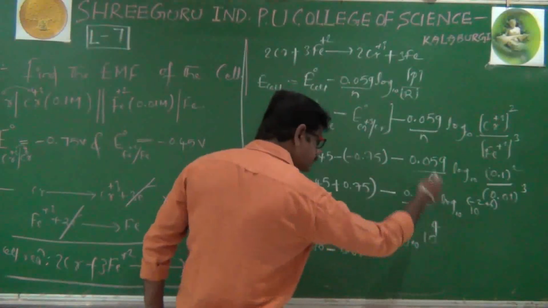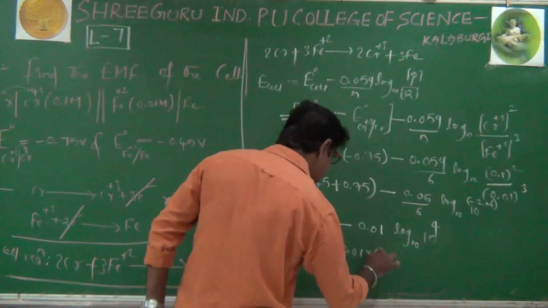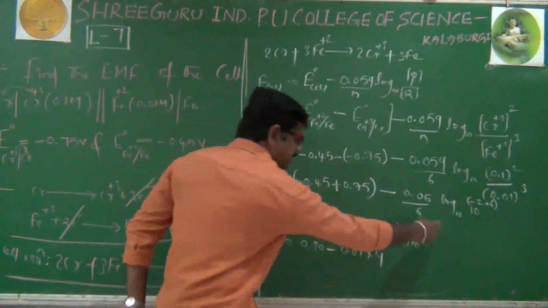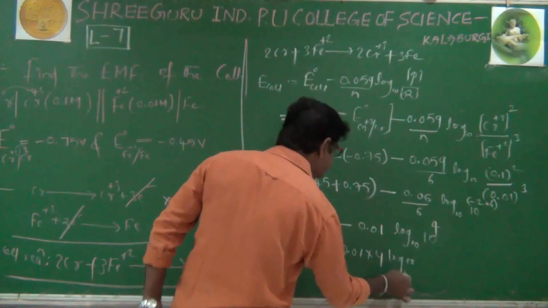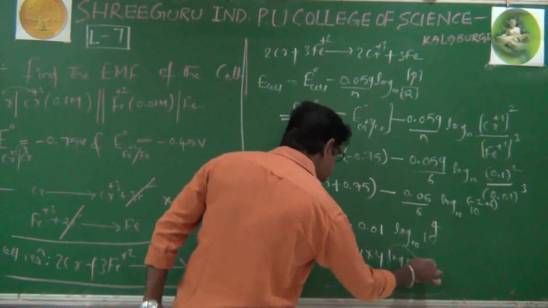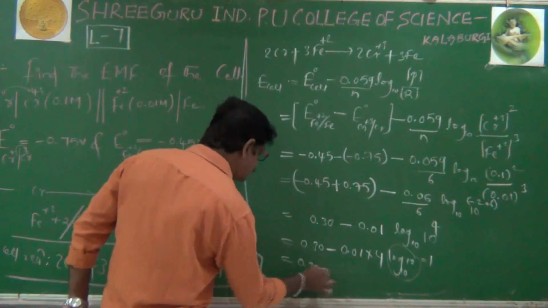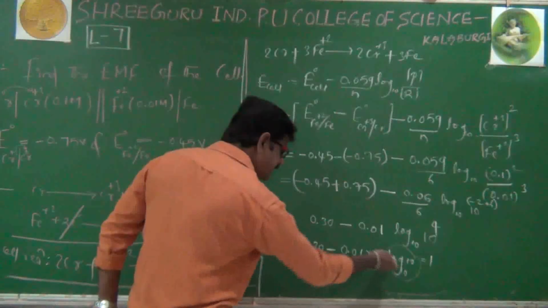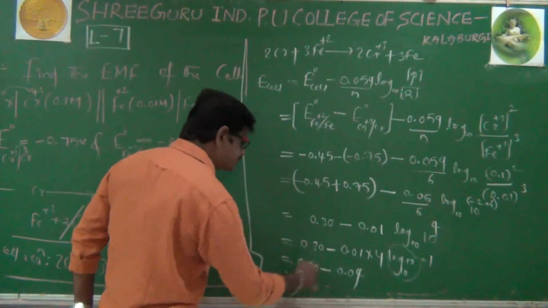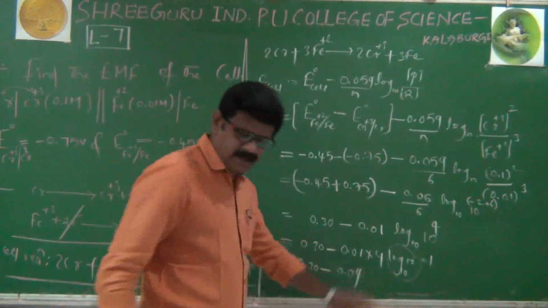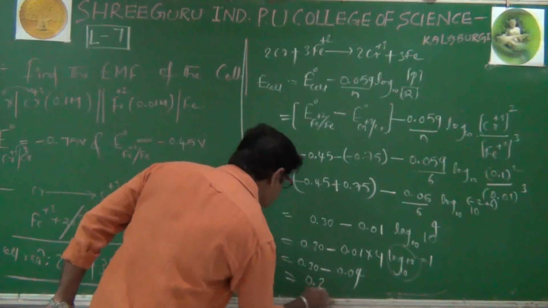Log of m to the power of n is n log m. Here the n value is 4, so 4 log 10 base 10. Already known to you, log 10 base 10 value is 1. That is nothing but 0.30 minus, if you multiply these two values, you will get 0.04. And finally, if you subtract, the final answer will be 0.26 volts.